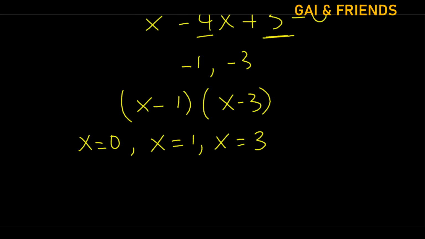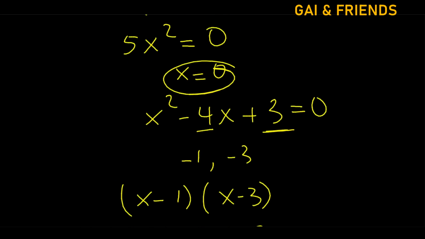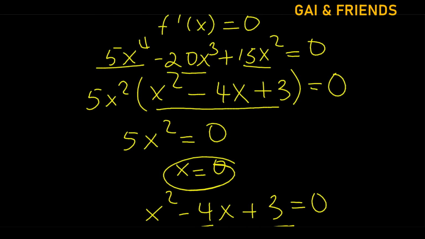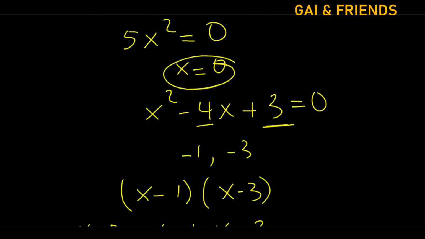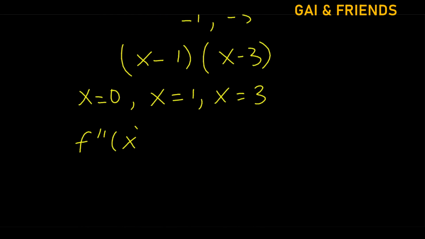Now let's go ahead and find maxima and minima. We need to find the second derivative from our first derivative. So f double prime of x, the second derivative, will be 20x raised to the power 3 minus 60x squared plus 30x.